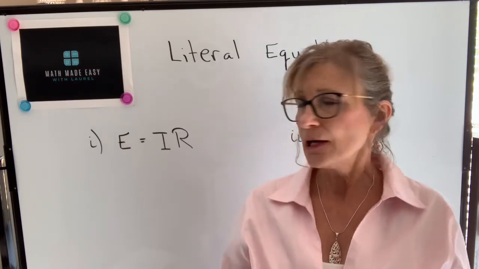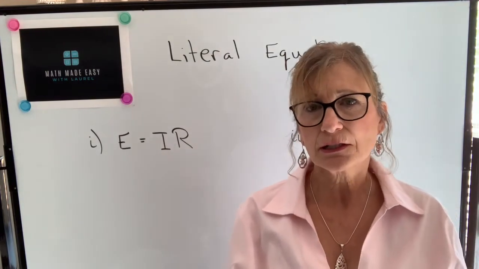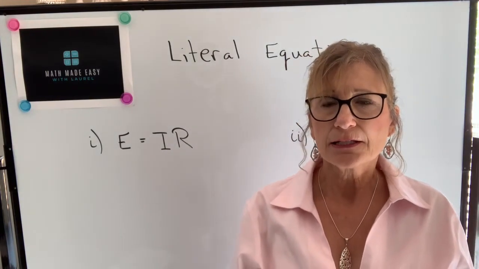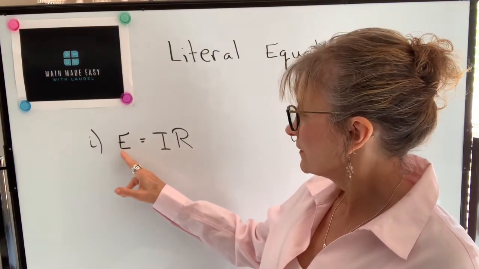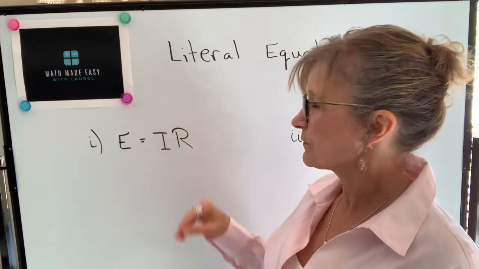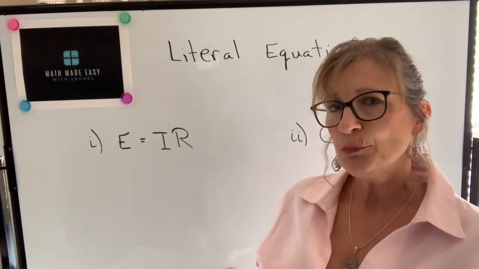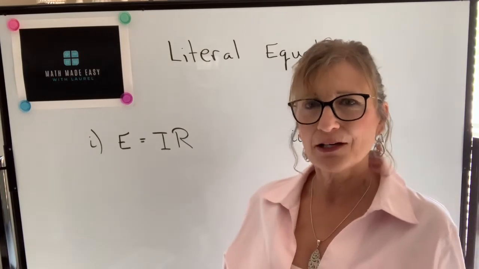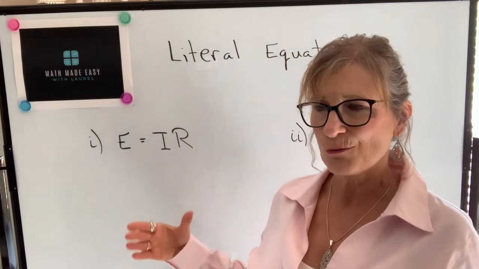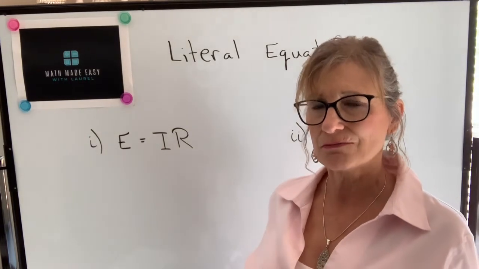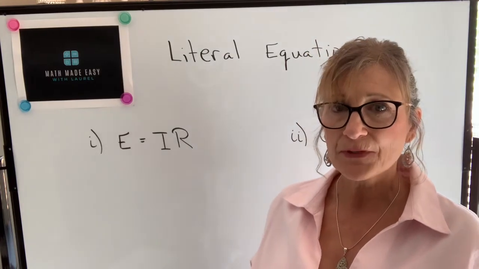So our first example is an equation or formula that's used in electricity or electronics, and it's Ohm's law. It states that voltage is equal to current times resistance, and those are the letters that they happen to use for that. But the beauty about math and understanding equations is you don't even have to know what the formula is or represents, and you can still solve for any variable in that formula.